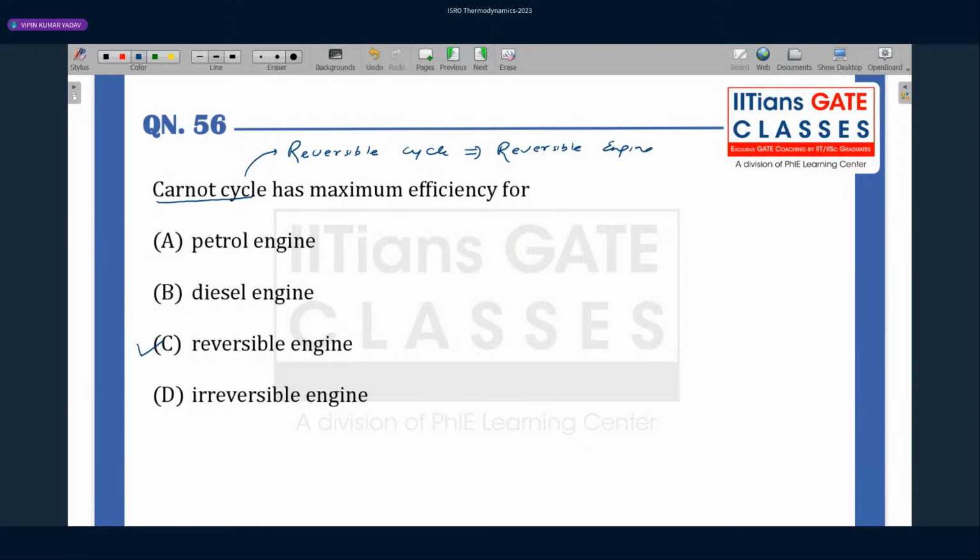Any engine other than reversible will have efficiency less than a reversible engine. So yes, C is the correct answer. Very nice. Let's move ahead.